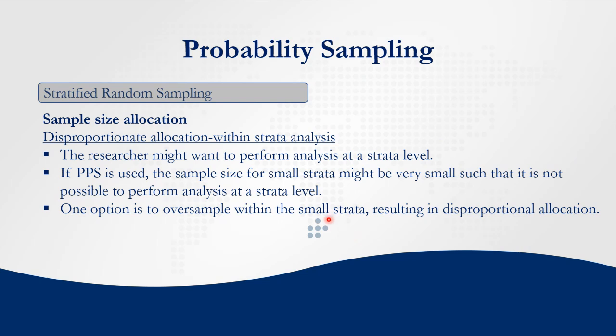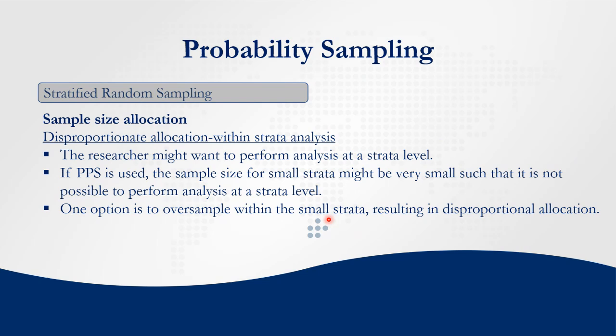That's when it's no longer proportional to size but disproportionate, where you want to oversample small strata. Also, sometimes I'll start with proportional, and then you find that some groups have very few people, or if you are sampling schools, very few schools. So maybe you come up with a criterion to say the minimum must be 5.